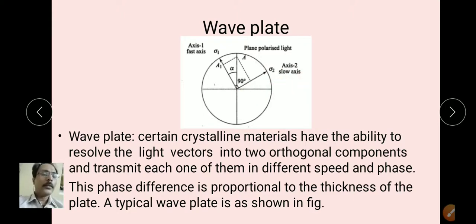This is the front view, not the side view, so it only shows one point of the light vector, but it has a number of waves. This 90 degree orientation represents the splitting of light in two directions, which represent the principal stress directions.